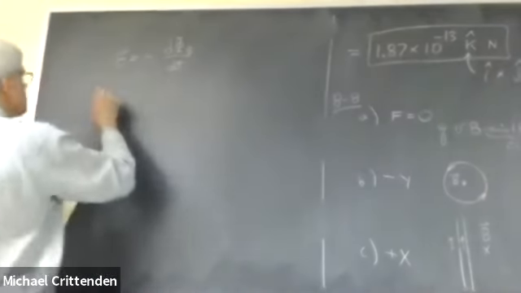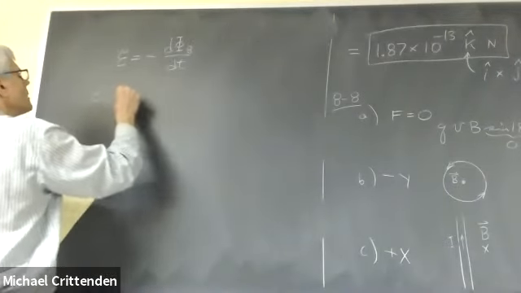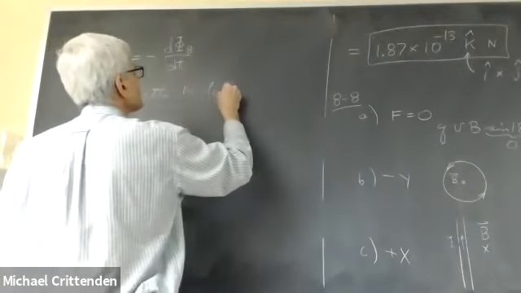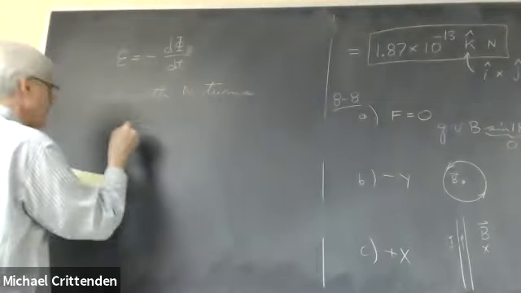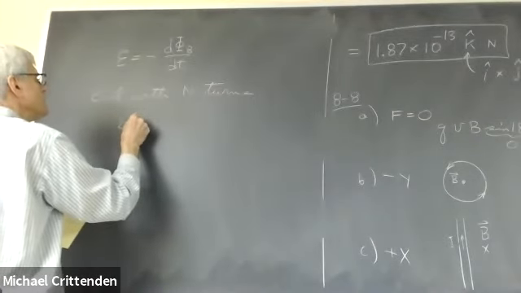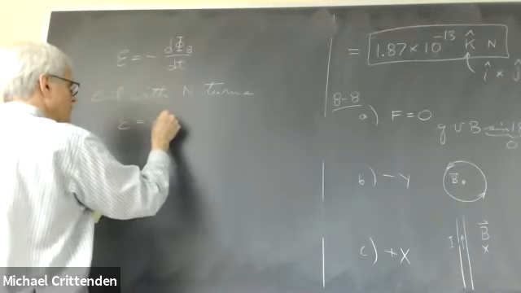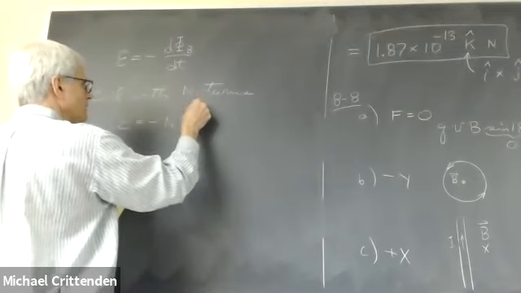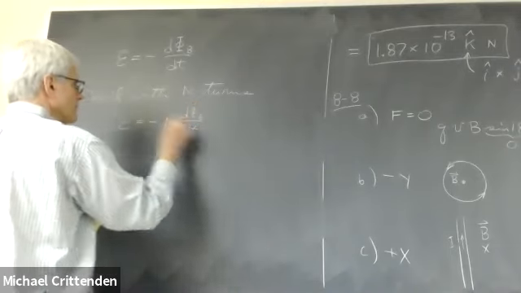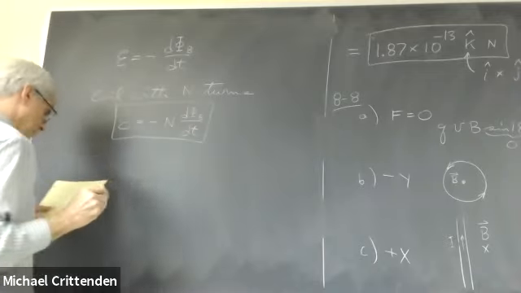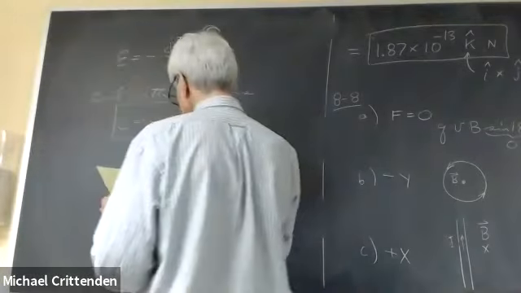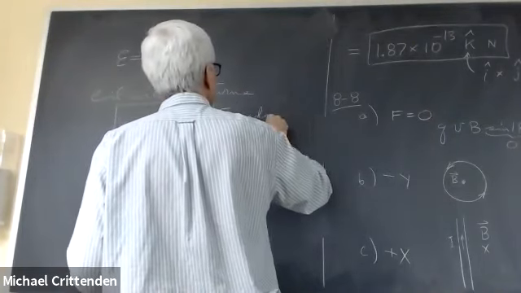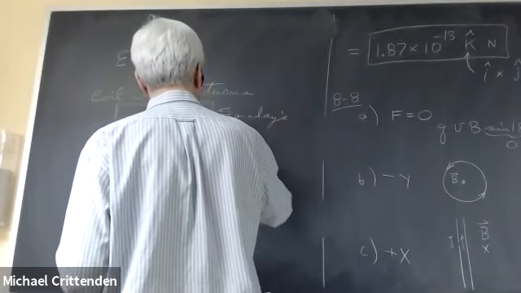So in a coil with N turns, induced voltage, the EMF, equals minus N times the derivative of the flux. And that is one form, at least, of Faraday's law of induction.